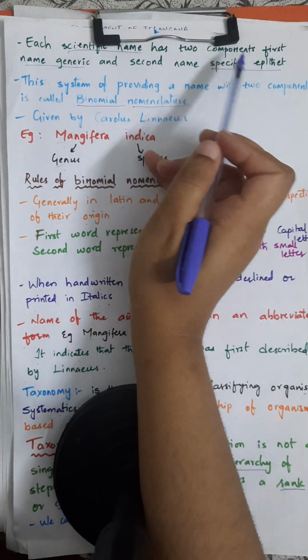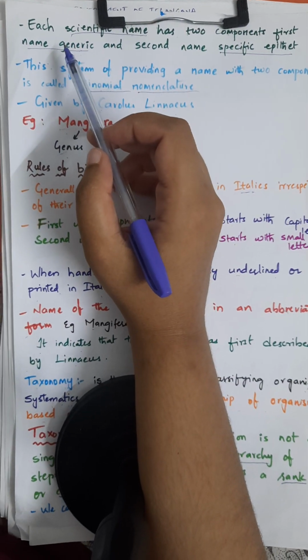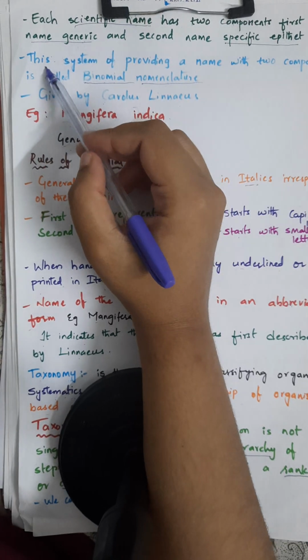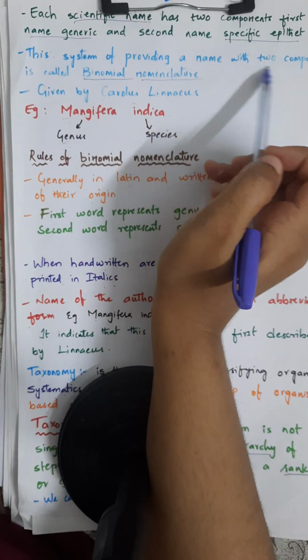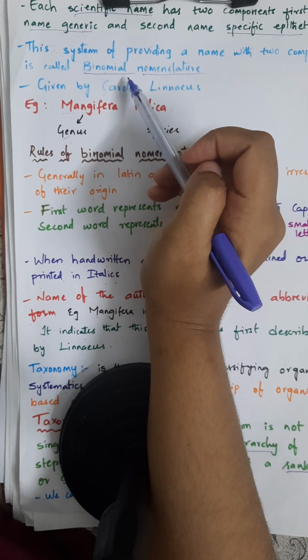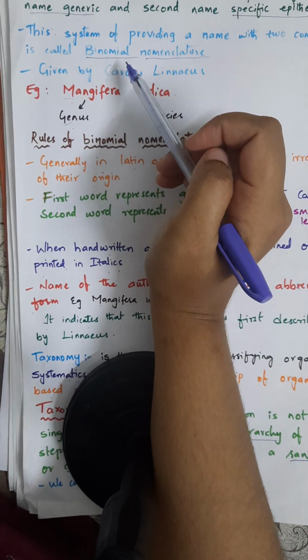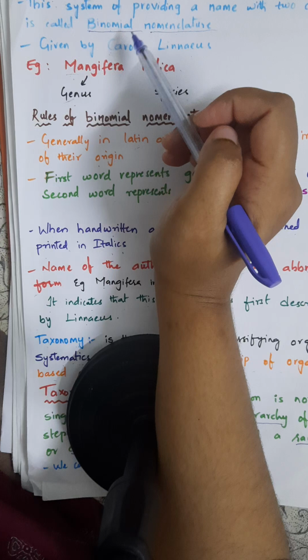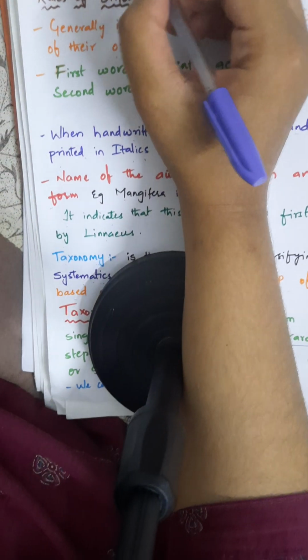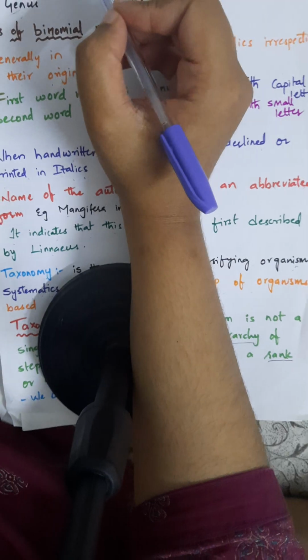It means the first name is the genus name and the second name is the species name. This system of providing a name with two components is called binomial nomenclature, because each scientific name has two names, so we call it binomial. Bi means two. So, binomial nomenclature.